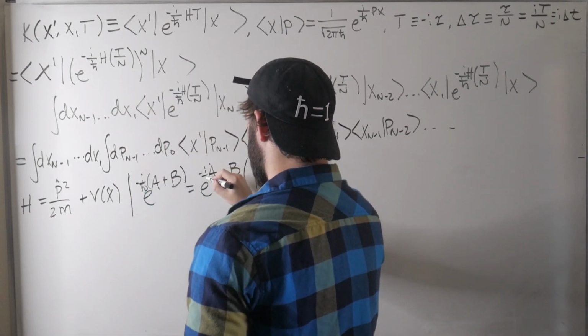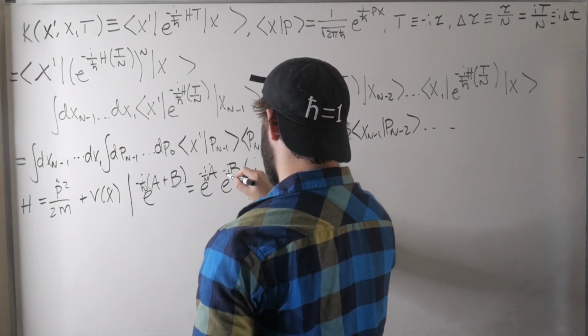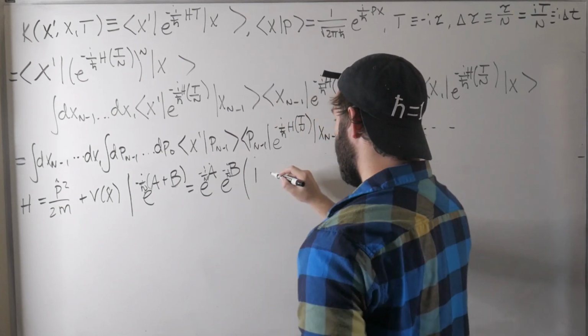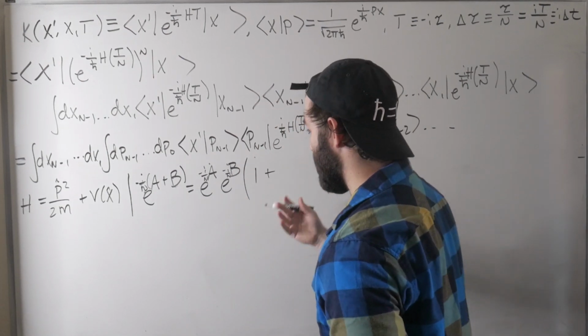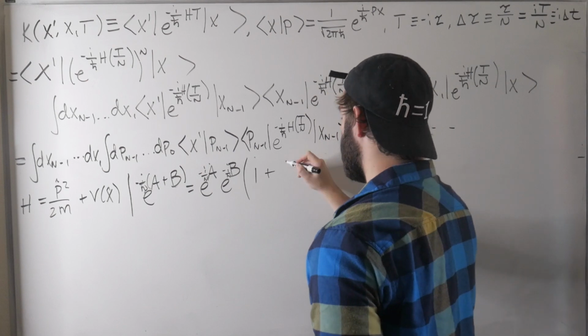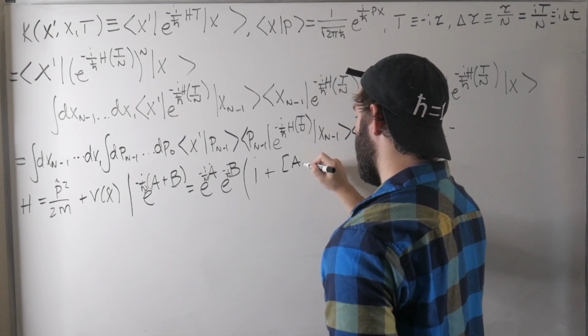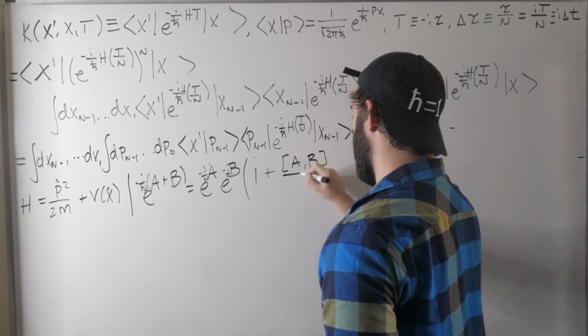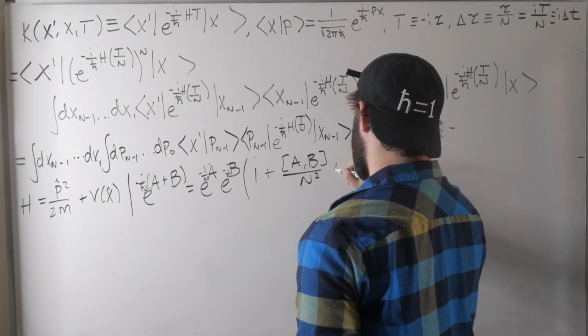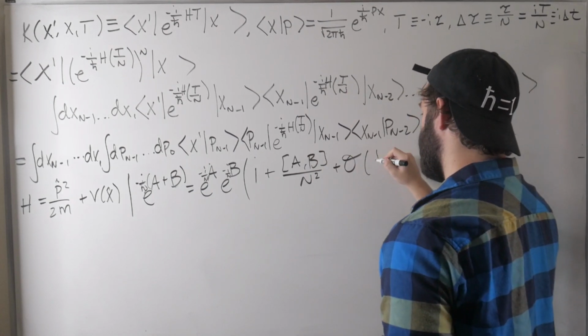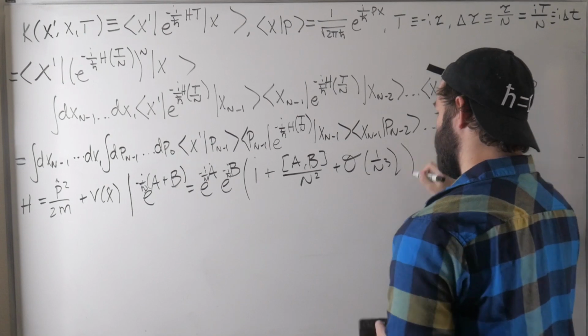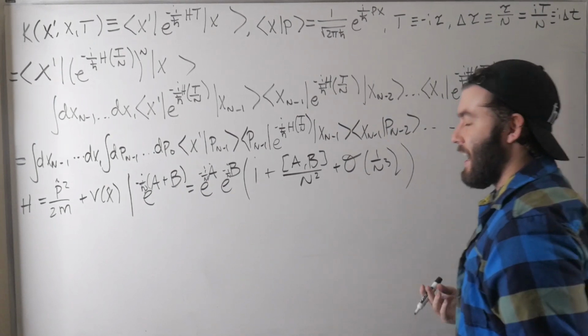Should be a minus i over n A, minus i over n B, should be a 1 plus the terms that contain the commutator structure. So we have a commutator of A and B over n squared plus the higher order terms, so 1 over, I guess, n cubed.